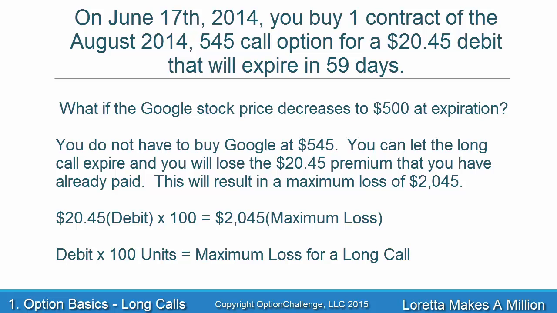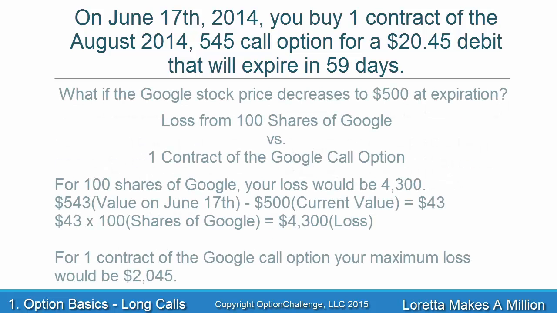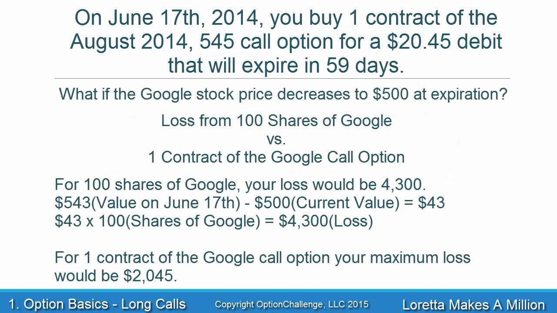Now let us compare how much money you could have lost if you had bought 100 shares of Google versus one contract of the Google call option if the stock price had decreased to $500 at expiration. For 100 shares of Google, your loss would be $4,300. Here is how the loss is derived.